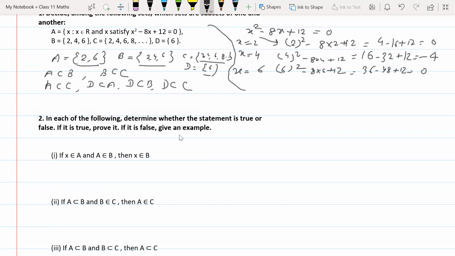We have to check: if x belongs to A and A belongs to B, then x belongs to B. If x belongs to A means any element that belongs to A, and A belongs to B, then x, any element of A, is an element of B.